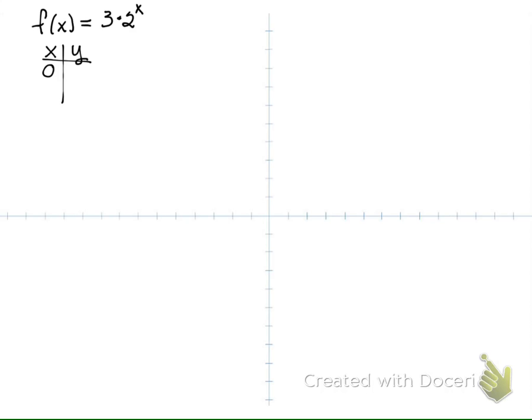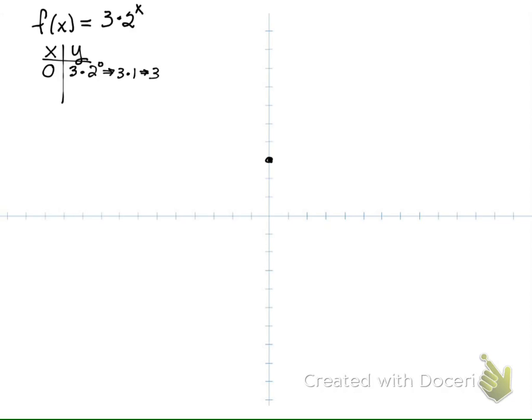So I'm putting that in place of x. So 3 times 2 to the 0 power. And I want to know what the output is. Well, we've already figured out that that means the same thing as 3 times 1, which is 3, sorry, screwed that one up. All right, so that's the point (0, 3).